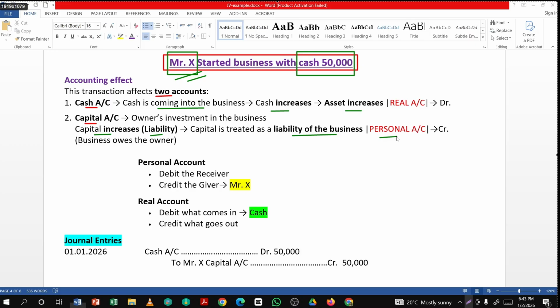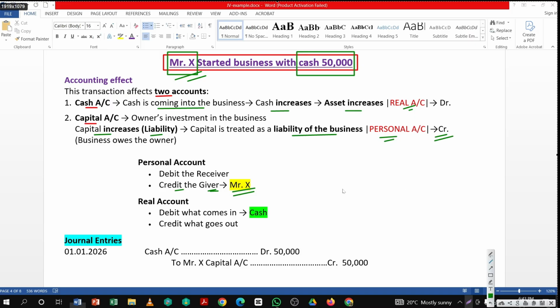Mr. X is a personal account and cash 50,000 is a real account. In accounting golden rules, Mr. X is a person who has given 50,000 taka to the business. So Mr. X is a giver, that is Mr. X personal account, so it will be credit.